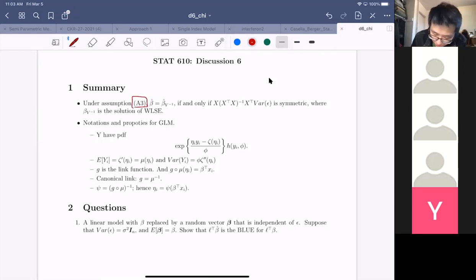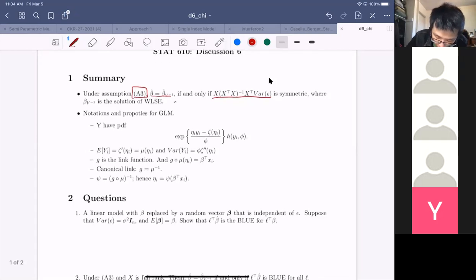And if this matrix is symmetric, then we can say that beta hat is equal to beta hat V inverse. And this can imply that beta hat is BLUE.